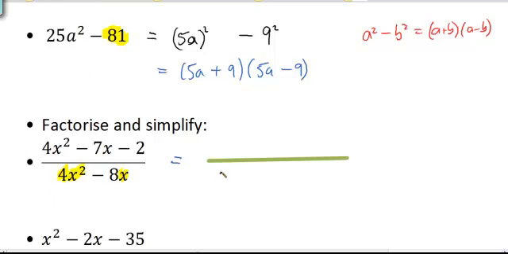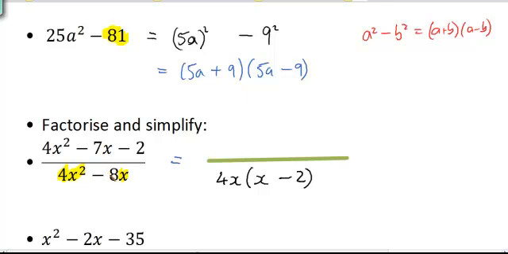So I can factorize out 4x. What multiplies by 4x to give me 4x squared is going to be x. What multiplies by 4x to give minus 8x is going to be minus 2. That's the bottom line factorized.